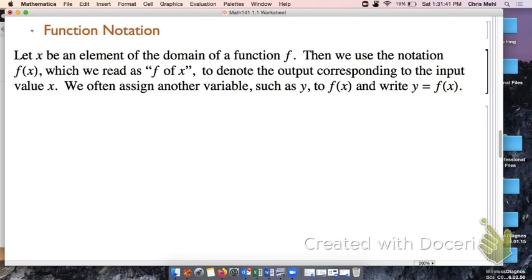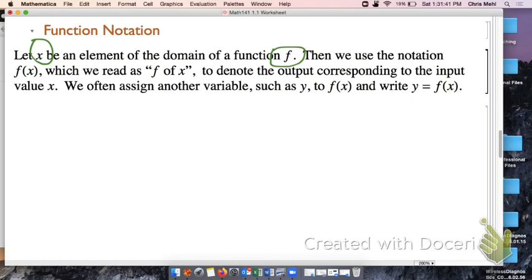So, function notation: you're going to let x be an element of the domain of a function f. Really, all that's saying is that x is going to be the variable that represents inputs. So that's going to be the independent variable. If some relationship represents a function, you would typically pick some letter to represent that function, and the general letter to use is f for function.